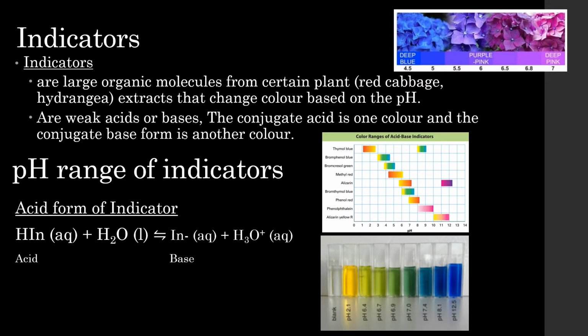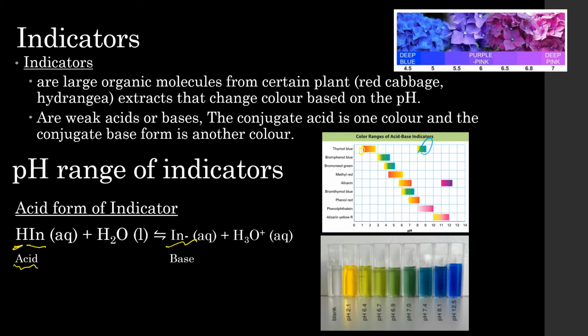So if we have a look here at the acid form of an indicator, here's our acid form of the indicator. You can see that H for the proton, and here's our indicator, and here's a conjugate base over here. So if we're looking at thymol blue, we can see that on one side we've got one colour, and over here a different colour.